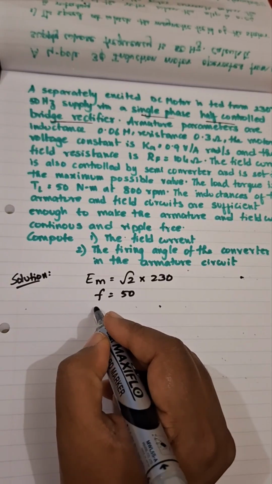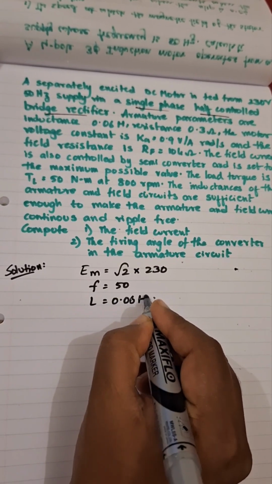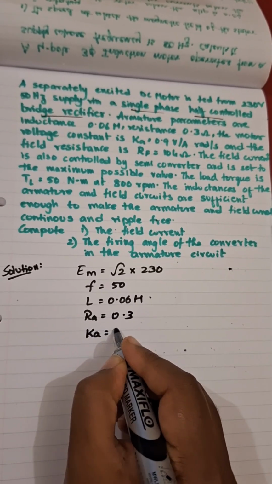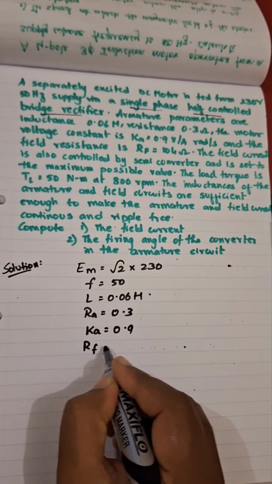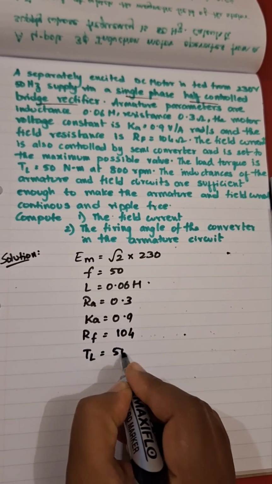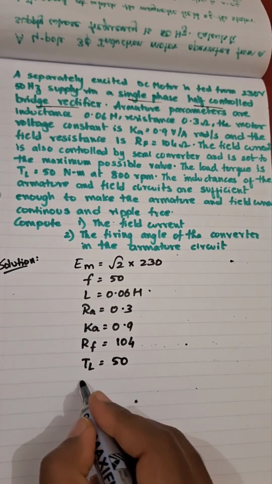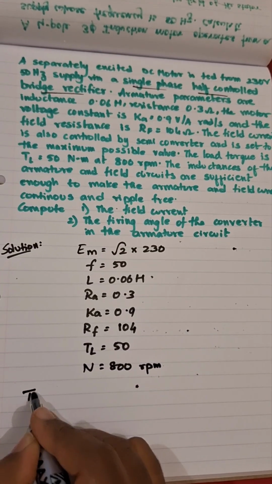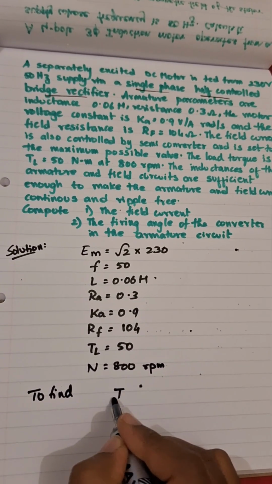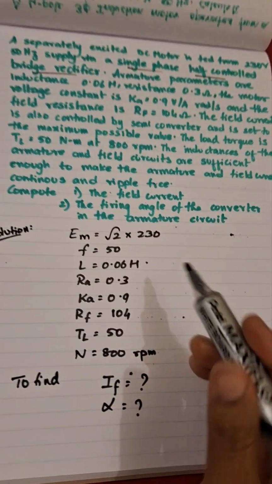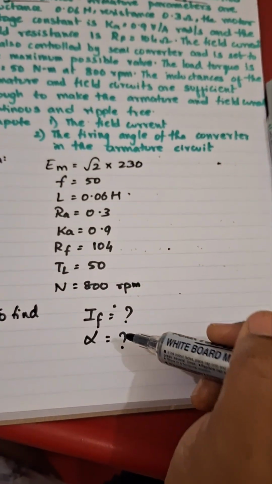Then they gave the inductance value as 0.06, armature resistance is 0.3, the constant Ka is 0.9, field resistance is given as 104, load torque is given as 50, and speed is given as 800 rpm. Now what should we find? We should find first the field current, then second the firing angle. So this is the given data and this is the question we are asked.